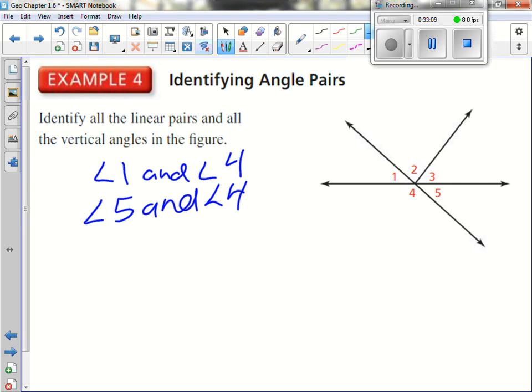Questions on this here? Now, vertical angles whose sides form opposite rays. There is only one set of vertical angles here. Y'all know what they are? This is linear.